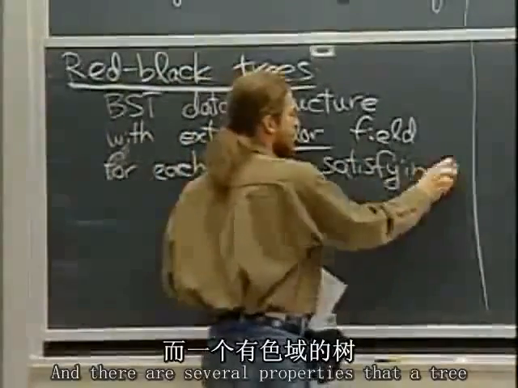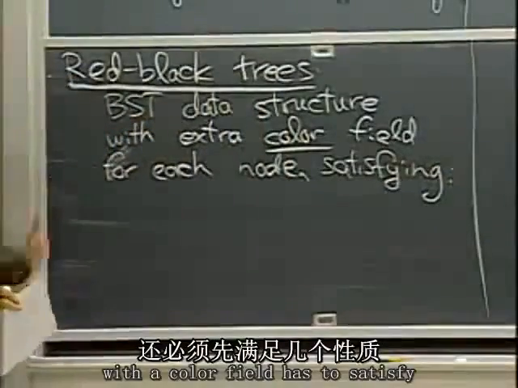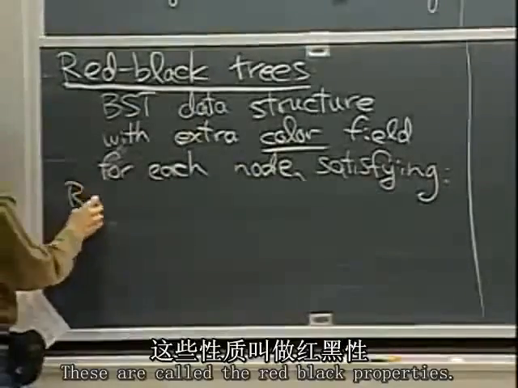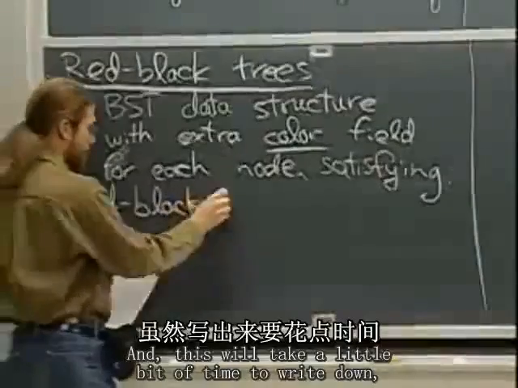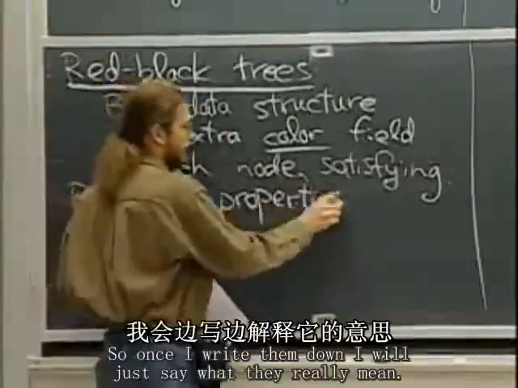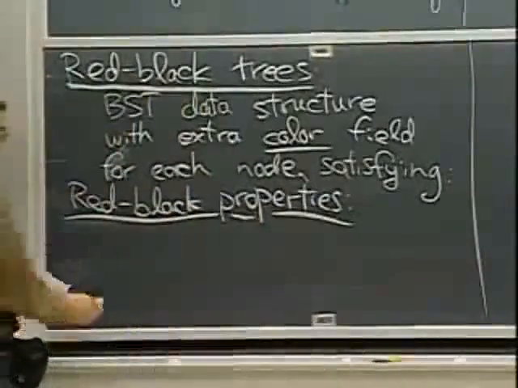There's several properties that a tree with a color field has to satisfy in order to be called a red-black tree. These are called the red-black properties. This will take a little bit of time to write down, but it's all pretty simple. Once I write them down, I'll say what they really mean. There are 4 properties.